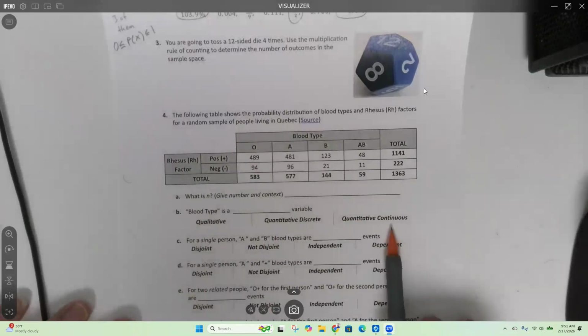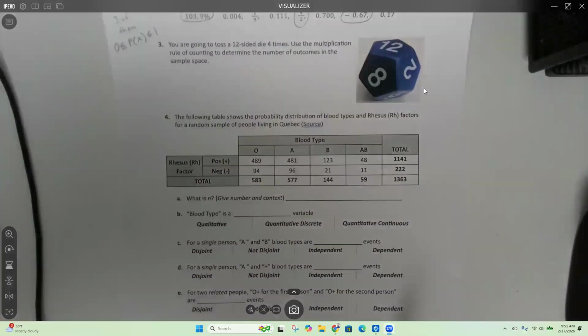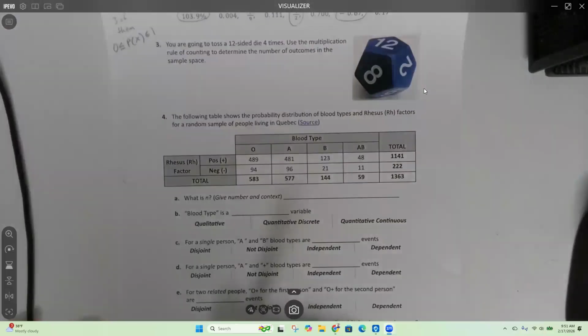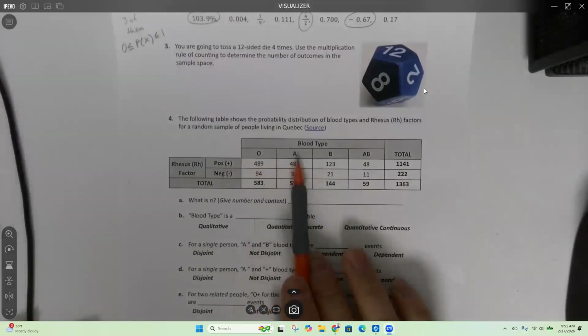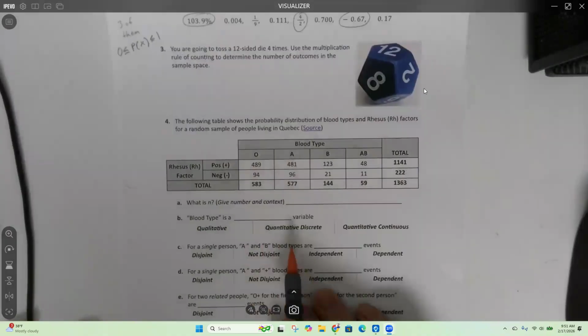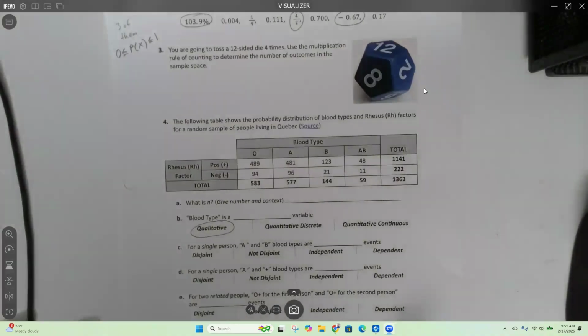What do you guys think? Yeah, Rachel's got it. If I asked you, what's your blood type? You might say O or you might say O positive, I guess. You might say A negative, right? But those are not numbers. Those are letters. Those are categories. Those are qualitative.